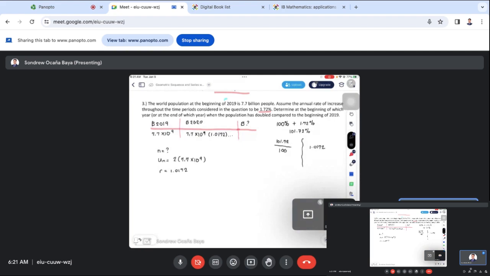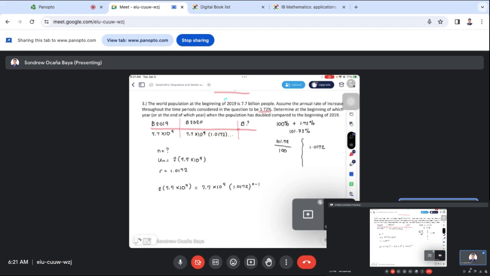So here we could already compute this using the formula. You have 2 times 7.7 times 10 power of 9 equal to 7.7 times 10 power of 9 times the rate, 1.0172, raised to n minus 1.